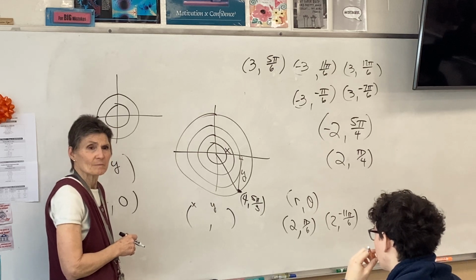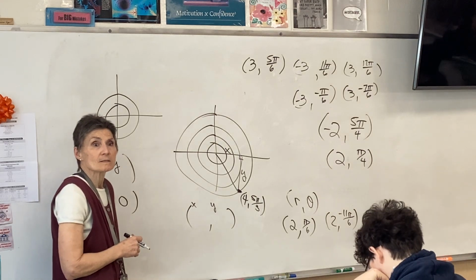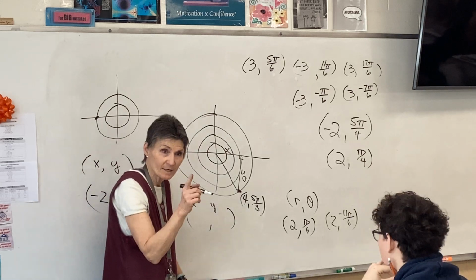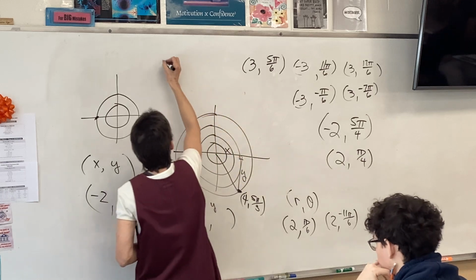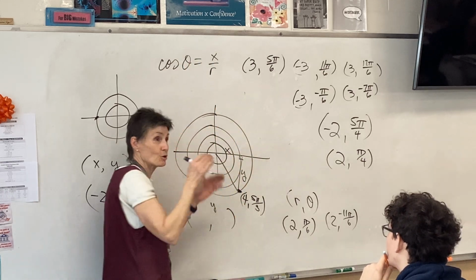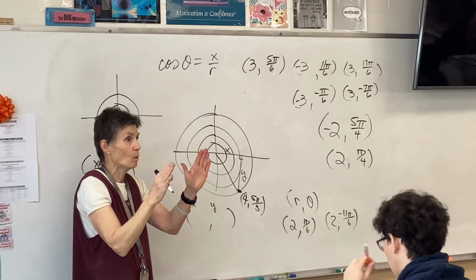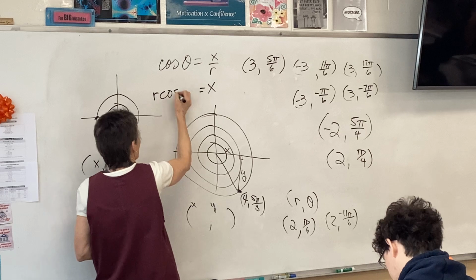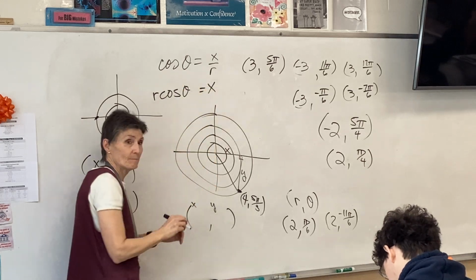Multiply the coordinates from the unit circle by 4. Exactly, because you know that cosine equals x over r. You guys have known that since day 1, which means x is r cosine.